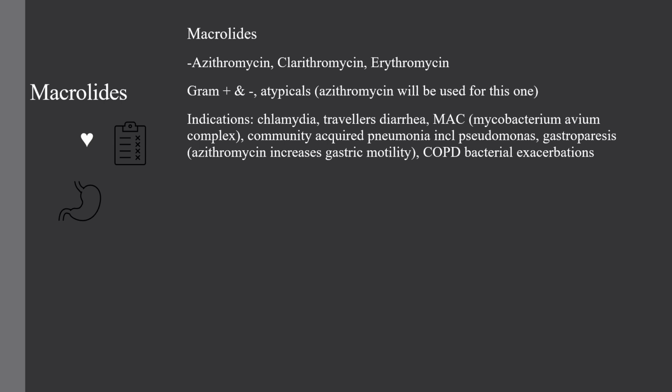MAC, Mycobacterium avium complex, and a way you can remember that, MAC and macrolides. And then, like I said, community-acquired pneumonia, and it covers Pseudomonas, which has a lot of resistance to a lot of antibiotics. I know it seems like you've mentioned Pseudomonas a couple times, but trust me, there are only a few that actually work on it.